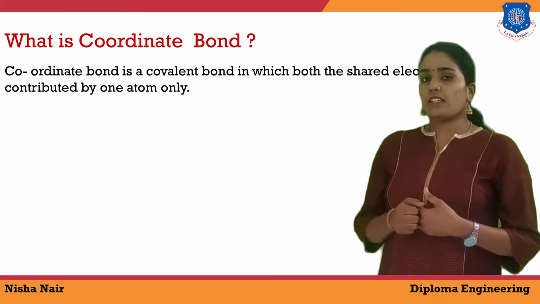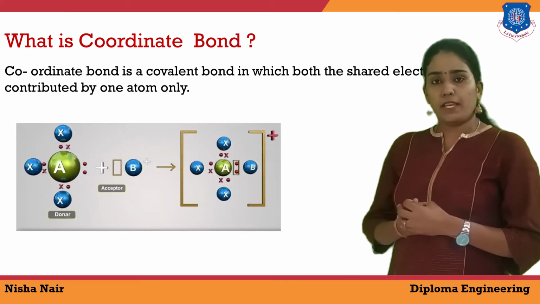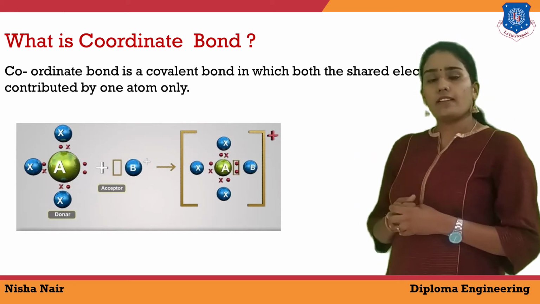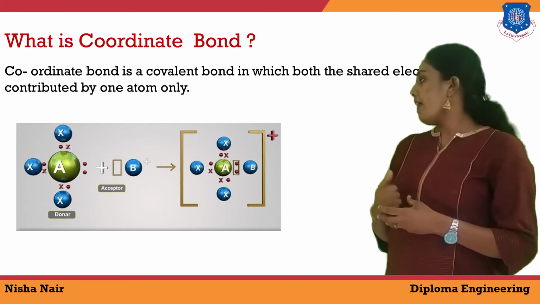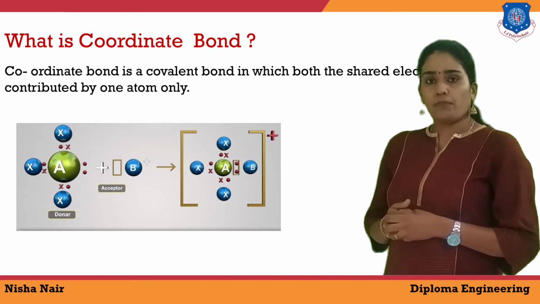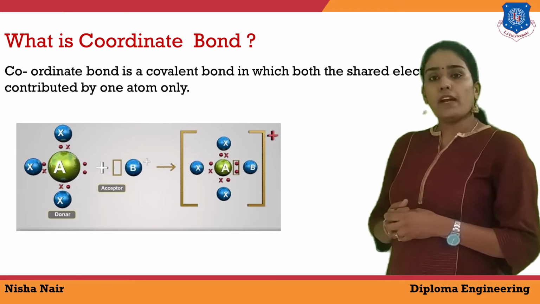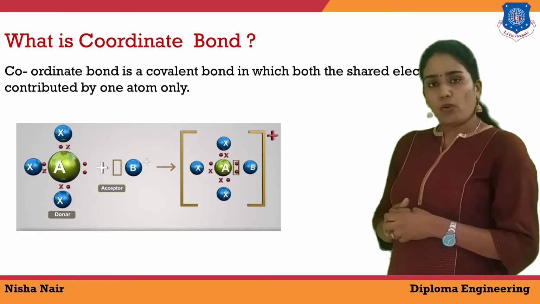Now let me show one example, A and B. Here A is a donor atom and B is an acceptor atom. A and B combine together to form an AB molecule.